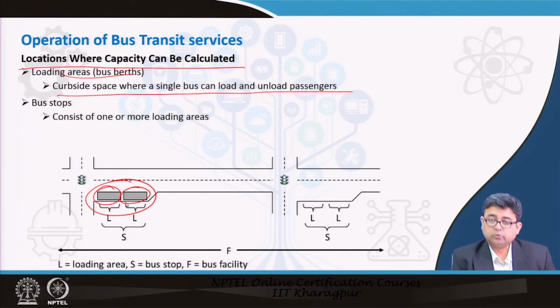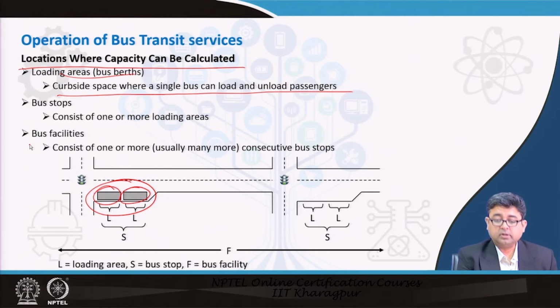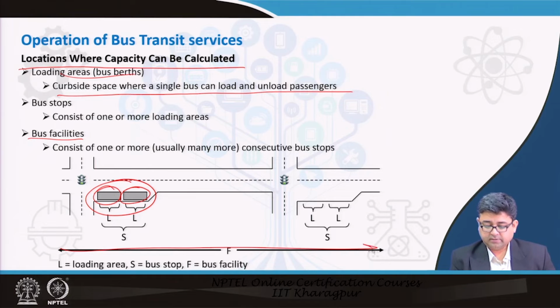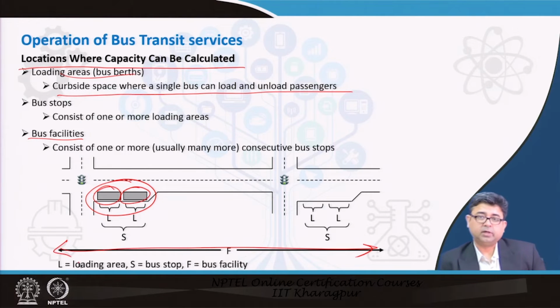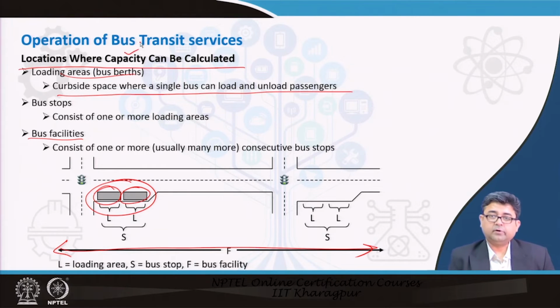So, if there are 2 loading areas in a bus stop, you can measure the capacity of the entire bus stop as well, and then lastly you can of course measure the capacity of the bus facilities, which consist of 1 or more consecutive bus stops. So, this is the entire facility for which you can also estimate the capacity of your public transportation system, right.